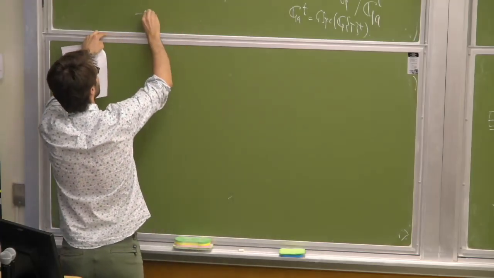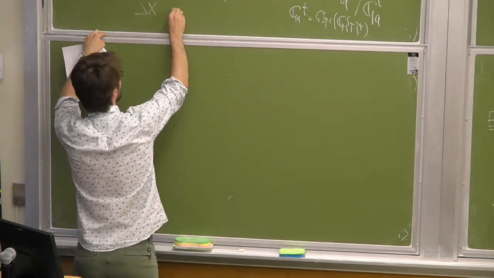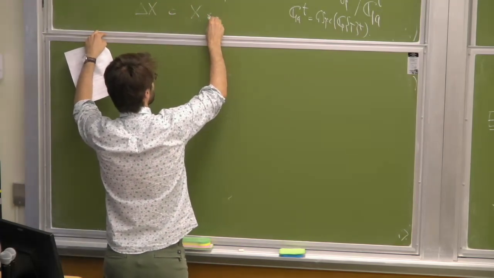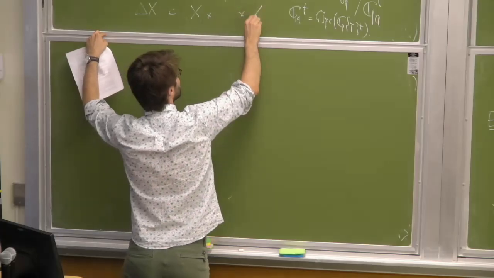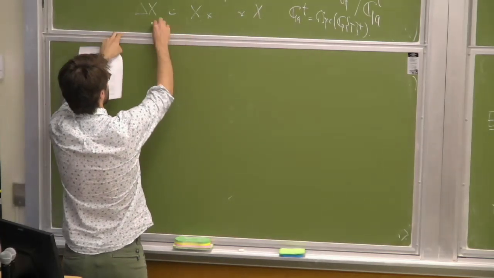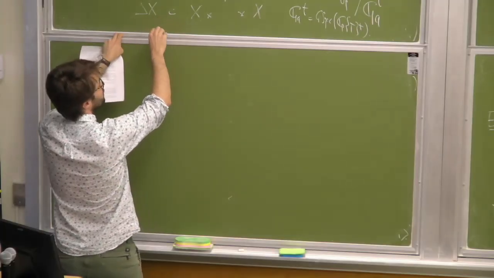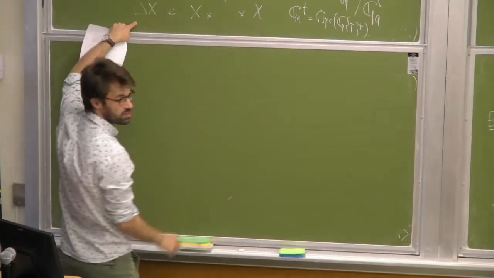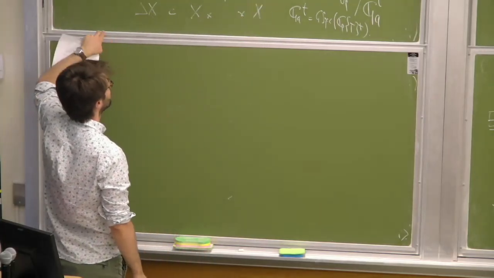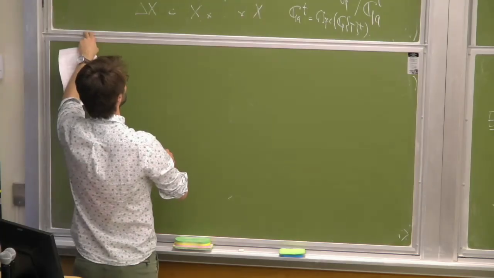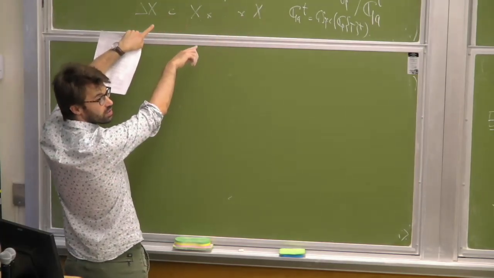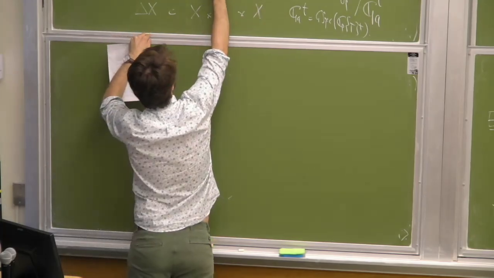So you have the diagonal inside X times X, then I'm taking the overconvergent neighborhood of the diagonal inside this. That's what I denote. So you get the overconvergent neighborhood of the diagonal in the power of X, and then is it a colimit with respect to n?